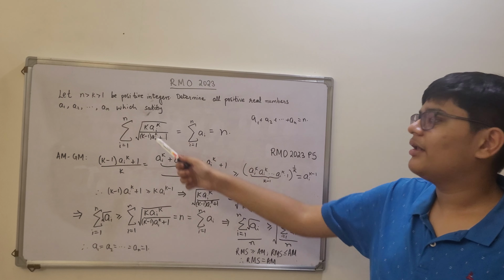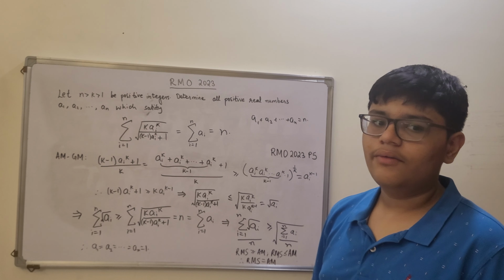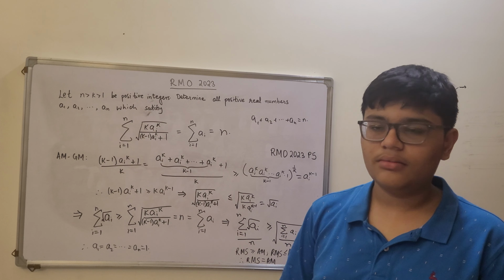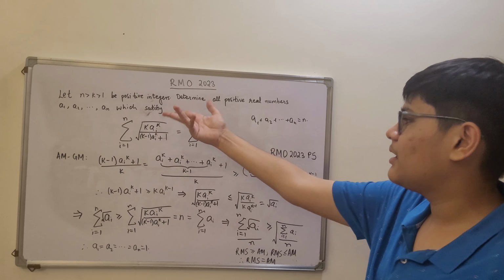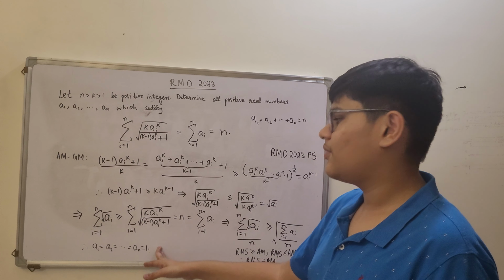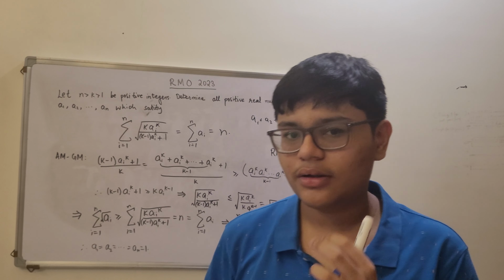And if you put 1 here, then you will get k upon k minus 1 plus 1, which is k upon k, which is 1. And you're summing the 1 n times, so that gives n again. So that satisfies as well, and that is also one of the solutions. So it's a very comfortable case to work with.